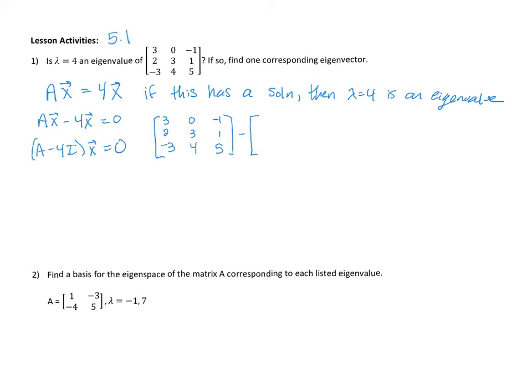So the identity is the ones on the diagonal, the 3 by 3 identity. And if you multiply everything by 4, you're going to get 4, 0, 0, 0, 4, 0, 0, 0, 4. So whatever that is, I'm going to augment with 0, 0, 0 and solve this thing.